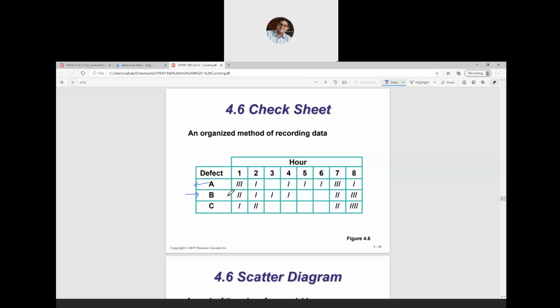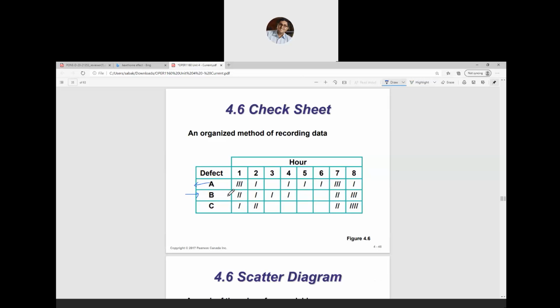Defect C, let's say, is a wrong order being delivered, for instance. You ordered a certain veggie pizza and you got a different type of pizza at your place. So I try to categorize the different defects into defect A, B, C, and so on. And I try to find out the number of times these defects are happening each hour.